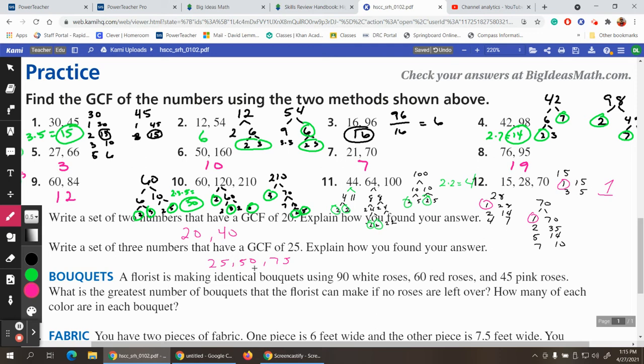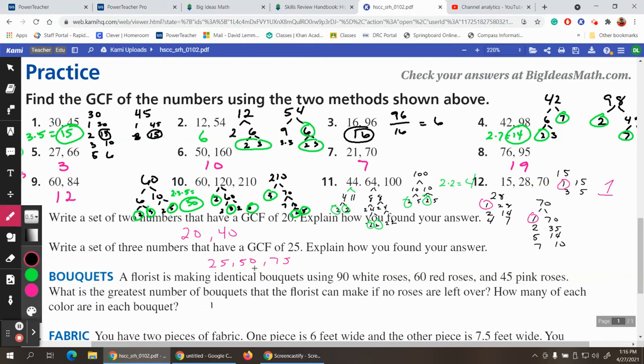The florist is making identical bouquets using 90 white roses, 60 red roses, 45 pink roses. What is the greatest number of bouquets the florist can make? So first, let's look at each color. I'm going to list both sides of the factors.